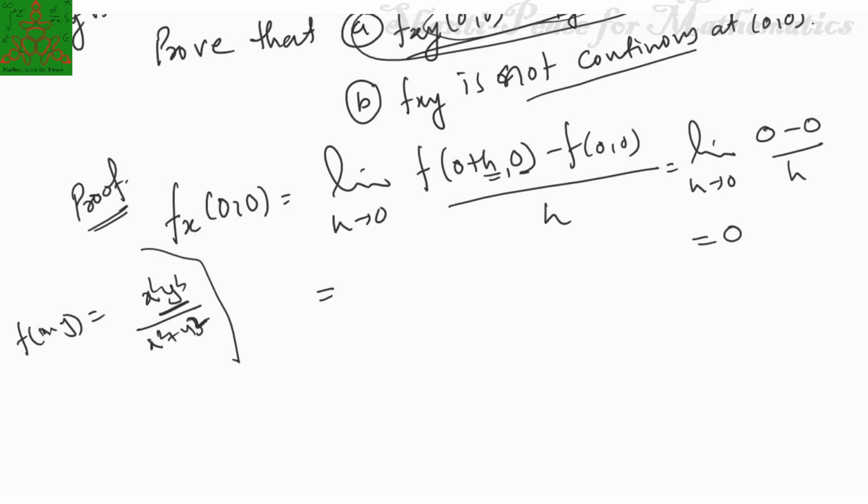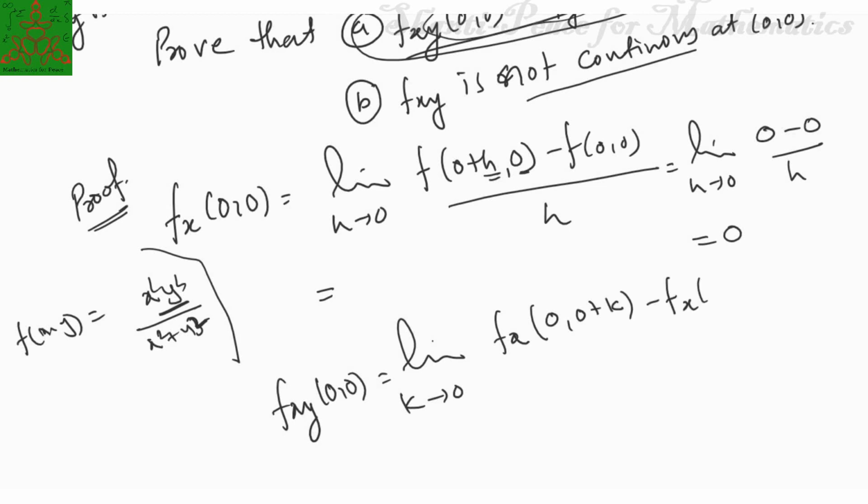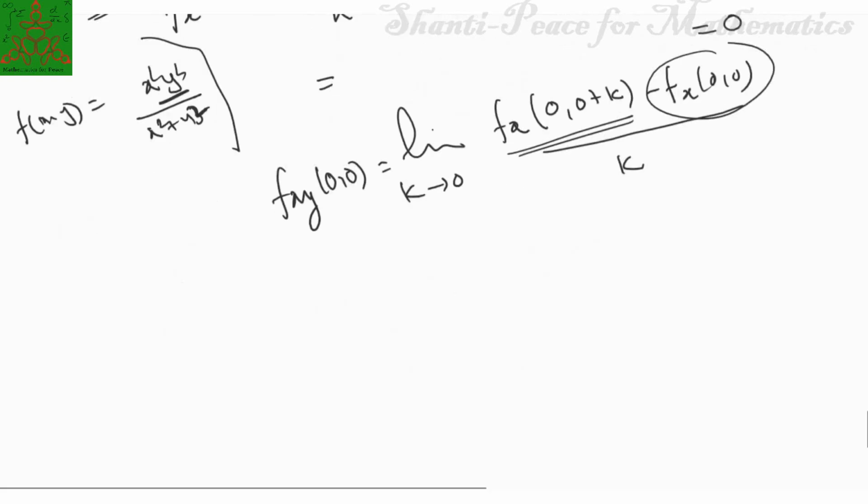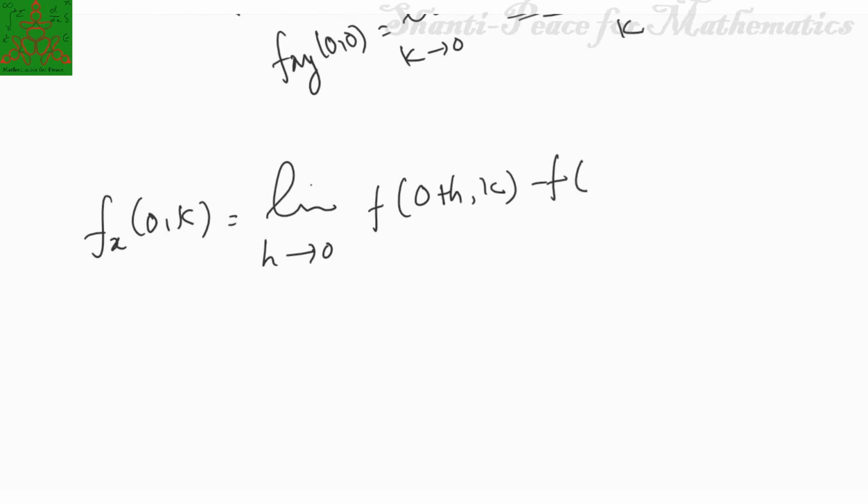Now let us calculate f_xy at (0, 0). f_xy at (0, 0) is limit k tends to 0 of f_x at (0, 0 plus k) minus f_x at (0, 0) upon k. This quantity we have just calculated. I need to calculate f_x at (0, k). That we can calculate as limit h tends to 0 of f(0 plus h, k) minus f(0, k) upon h.